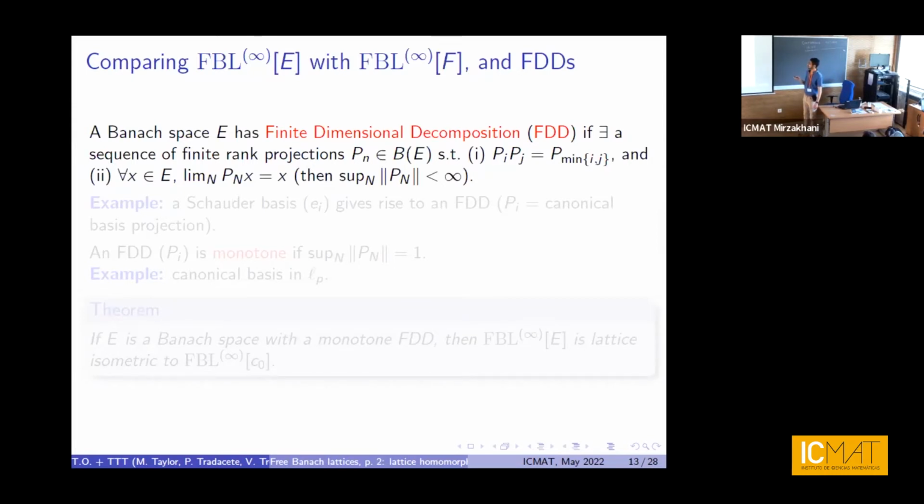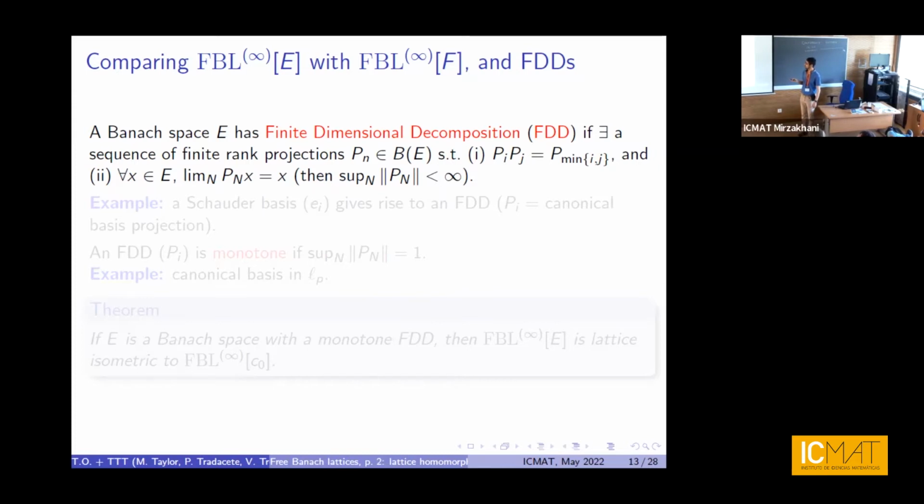Under what conditions will the infinity free Banach lattices be the same? Well, here I need to introduce this definition of a finite dimensional decomposition, or FDD. So this is in a sense a generalization of a basis. What it tells us is that, in a Banach space E, we have an increasing sequence of projections Pn, so that they commute in this way: if we multiply two projections, then we get the projection with the smaller index.